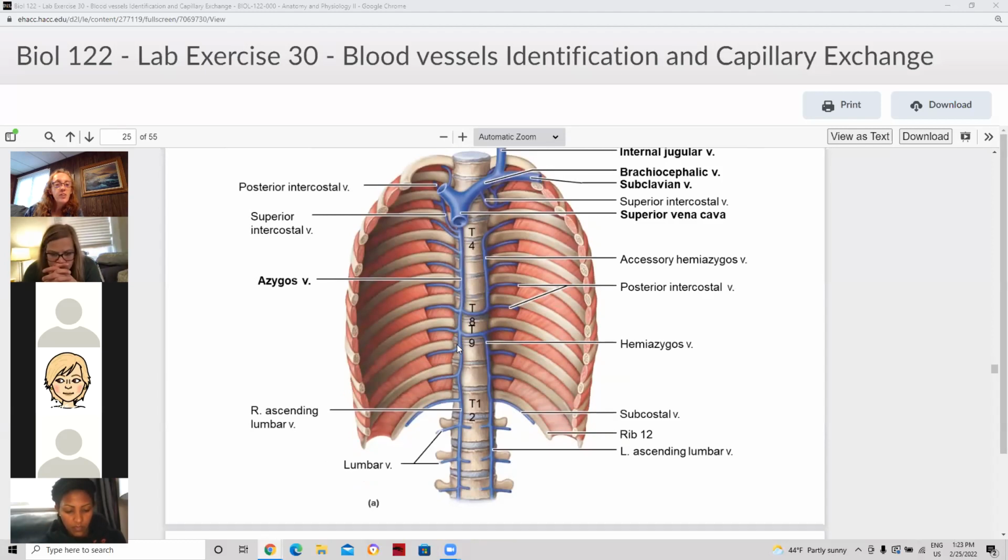Moving down, the azygos vein, and I'm going to look up really quick, what does azygos mean? Because you're only going to see this in the thoracic cage.